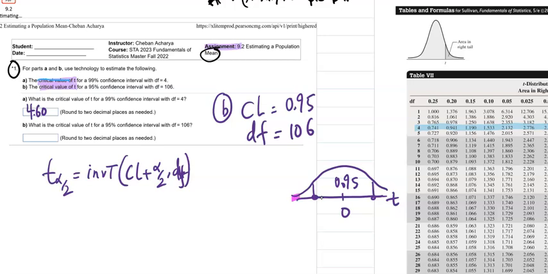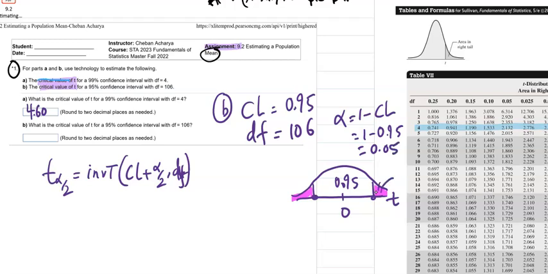This side here is the left area, but I need the right area to find the critical value using the table. So let's find how much this area is going to be. The total area is going to be 1, and this is 0.95 in the middle, so the remaining is going to be 0.05, which is alpha. So alpha equals 1 minus CL, which is 1 minus 0.95, which is 0.05.